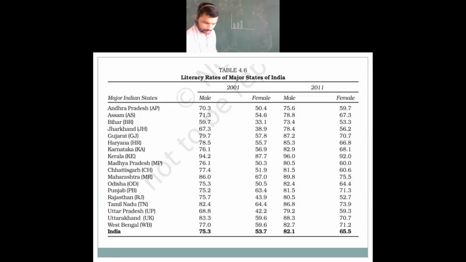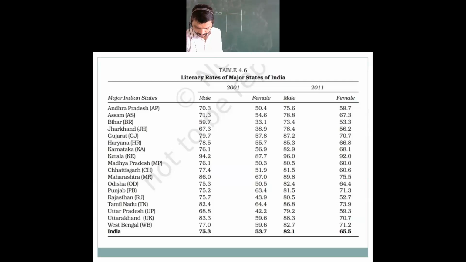Now I will show you one simple bar diagram: how you can collect the information and present a simple bar diagram. See, we will take states. States are taken, and after that I will dictate the data.